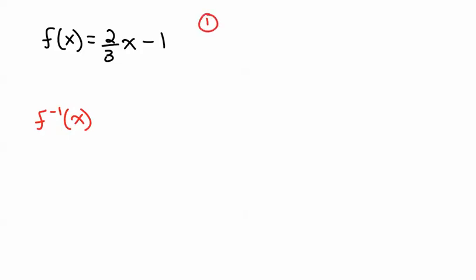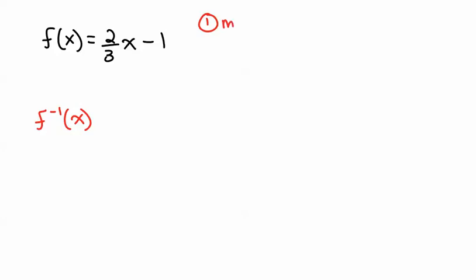Okay, let's try something slightly harder. Say we had f of x equals 2 over 3x minus 1, and we want to find the inverse of that function. You could do this a couple ways, but here's one way.